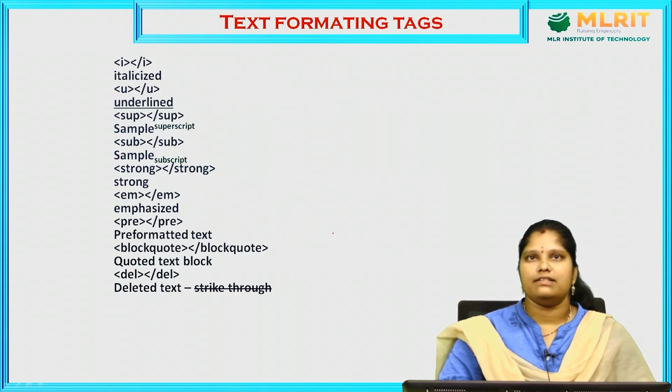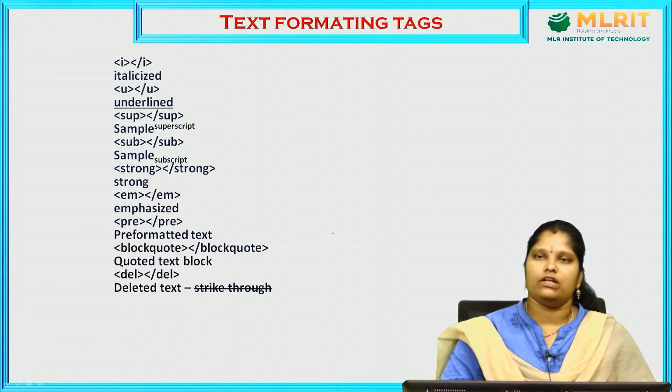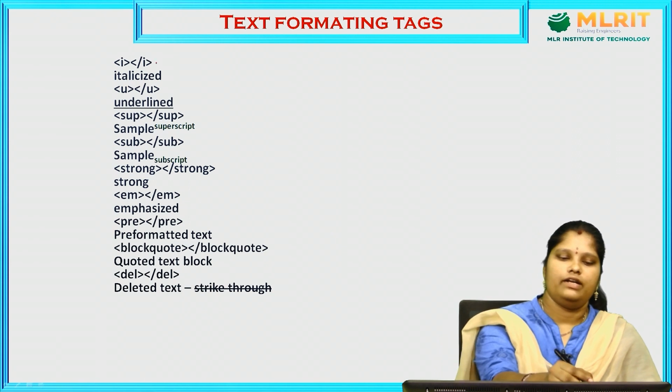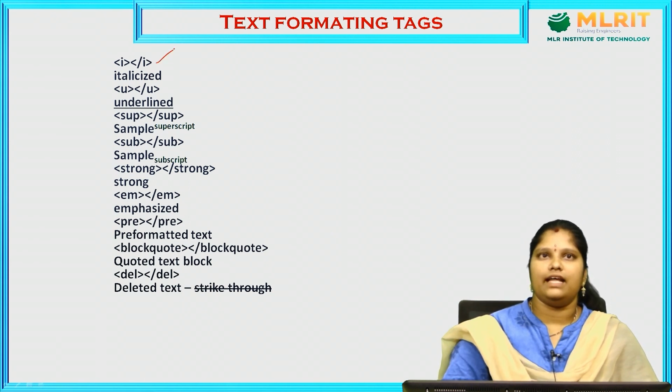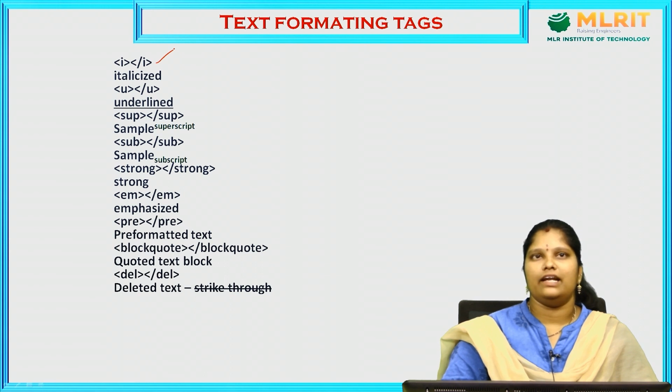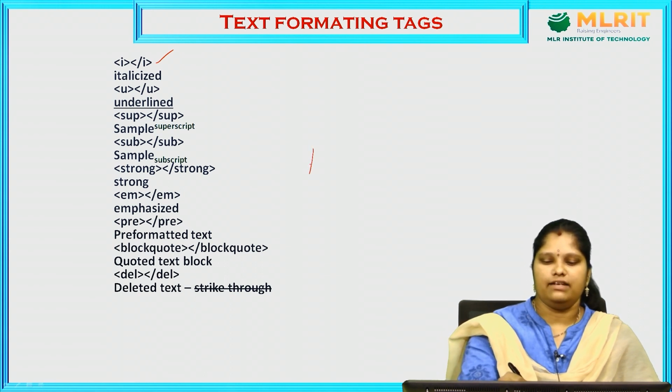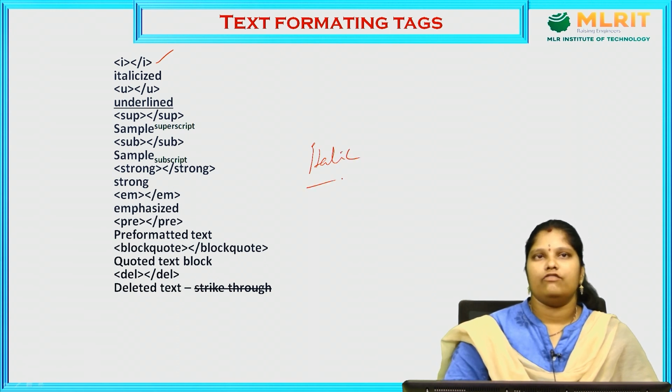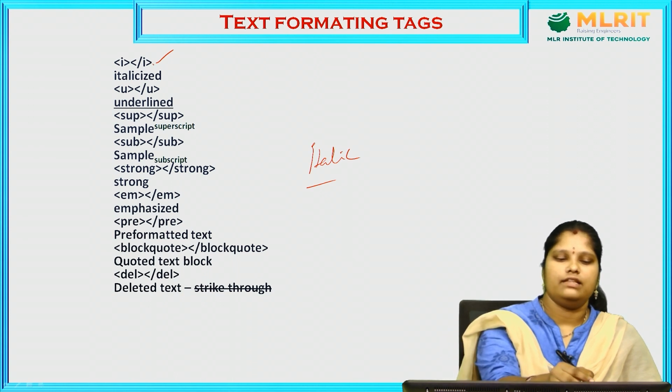And next are the text formatting tags. What are the text formatting tags we have to use in HTML, right. Already we discussed. I for italic, right. If you want to display your content in the form of italic, you have to use this.